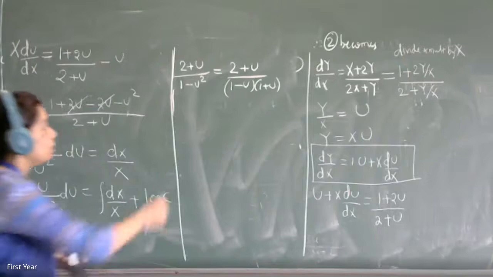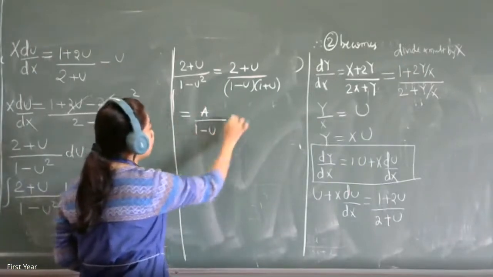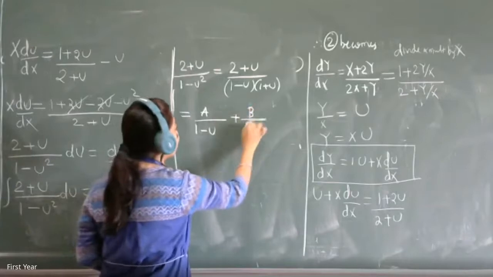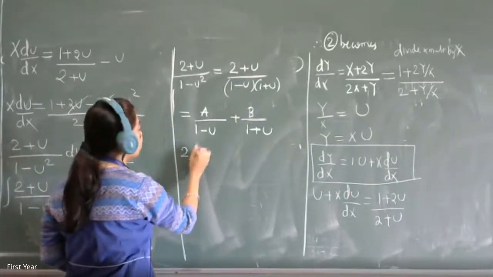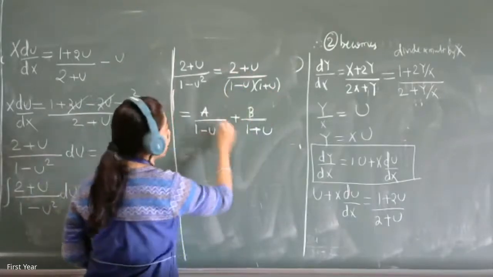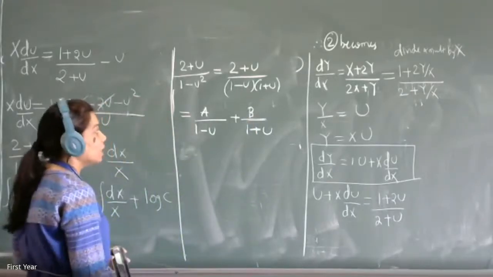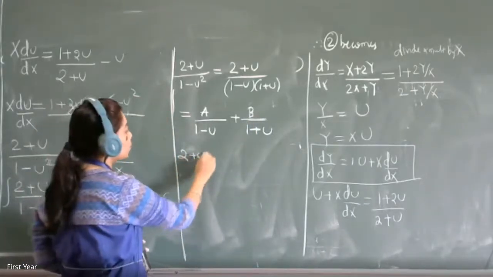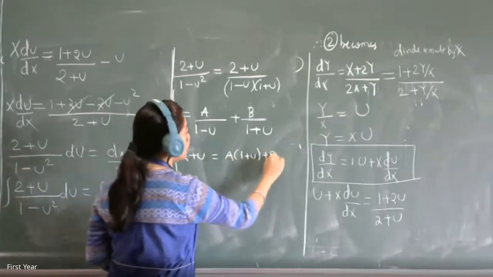This you have all done in your 11th and 12th partial fractions. So 2 plus u upon 1 minus u, 1 plus u is a upon 1 minus u plus b upon 1 plus u. Simplifying this, we get 2 plus u is equal to a into 1 plus u plus b into 1 minus u.